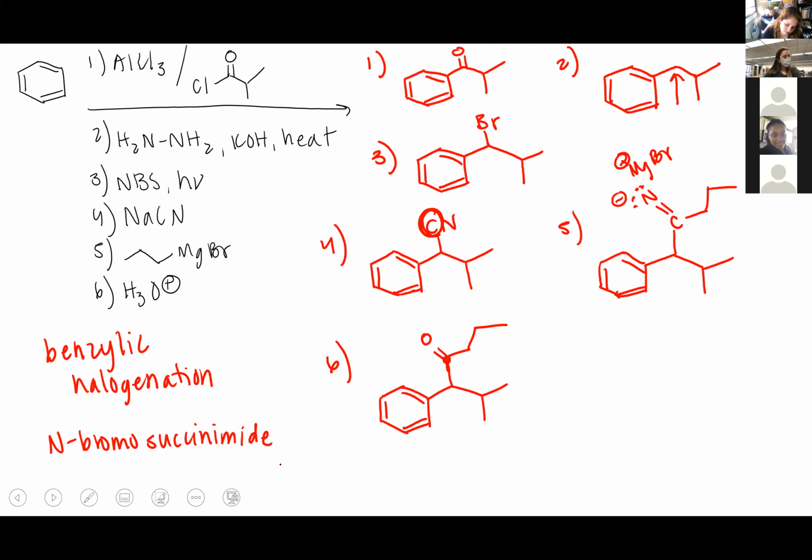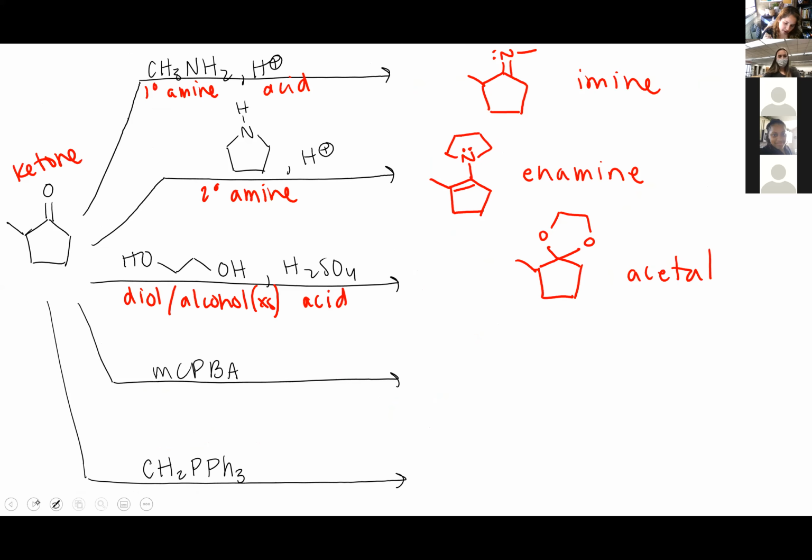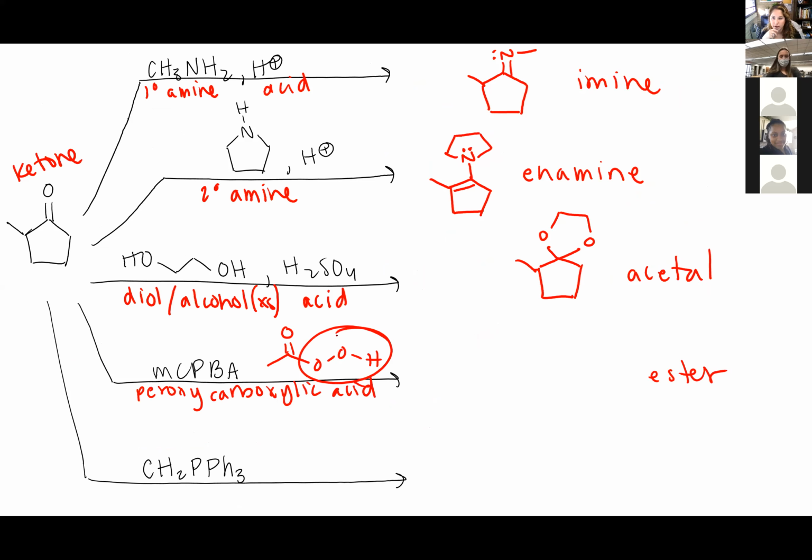Whoops. Sorry about that. Yes, we are going to create an ester. This is a peroxy carboxylic acid. So remember, it could be any carboxylic acid that has been turned into a peroxy acid will make this reaction happen. What is this reaction?